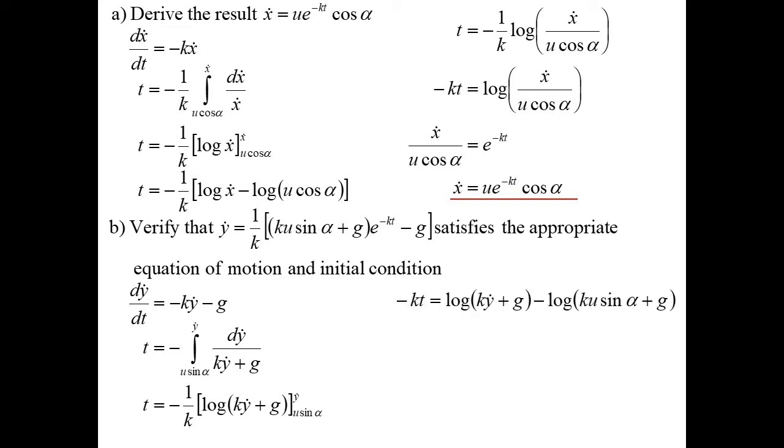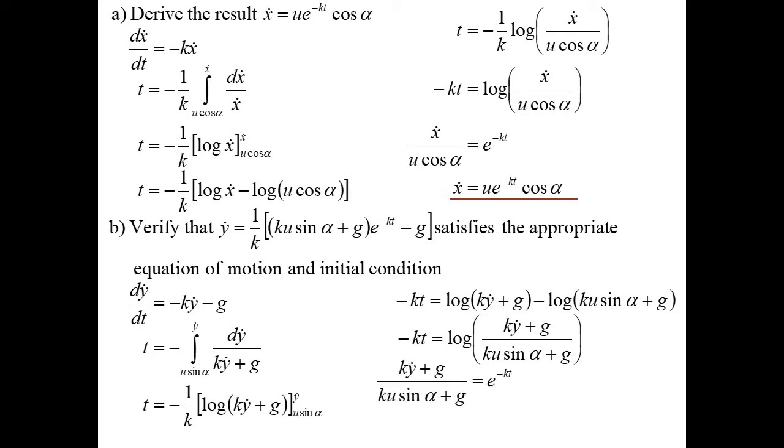Sub in the limits, playing around with that, but that's t. We want y dot to be the subject. So I kind of went the long way about it, to be honest. It would have been quicker just to differentiate that with respect to time and show that, oh yes, that satisfies the acceleration equation, because they didn't actually say derive it, they simply said verify that this is the answer.